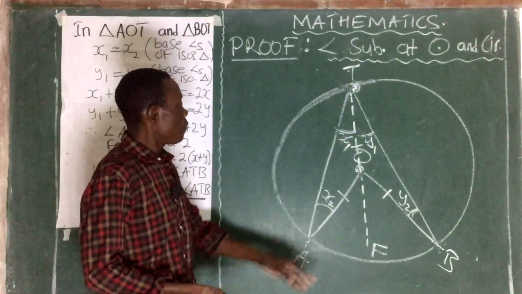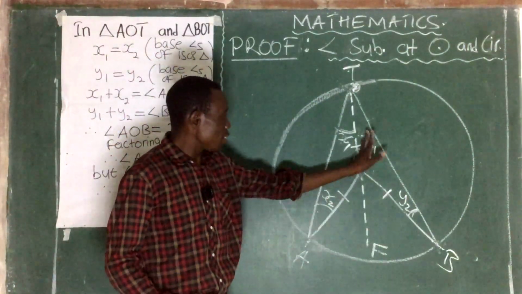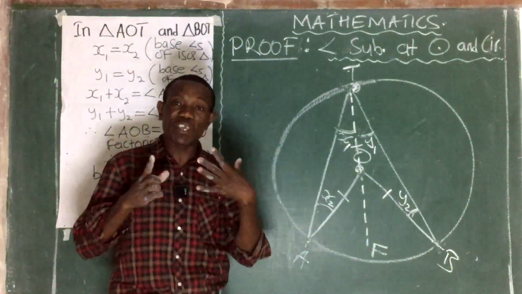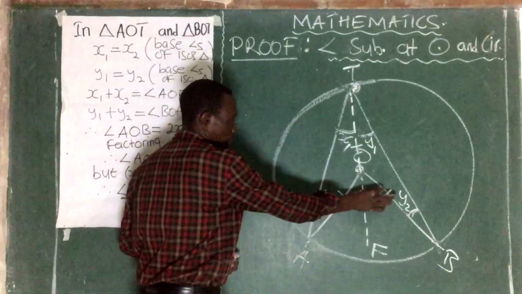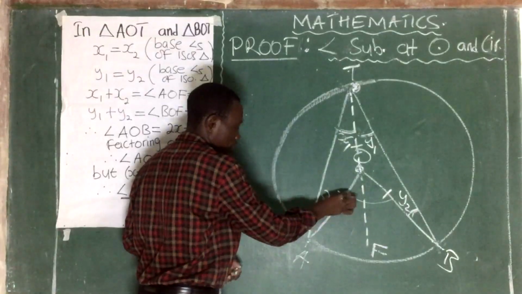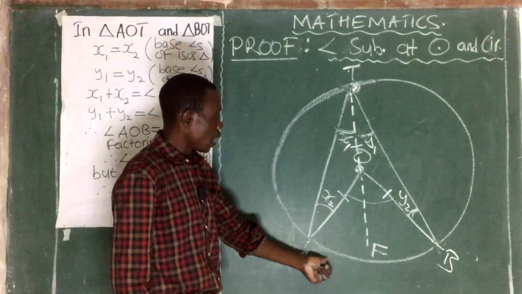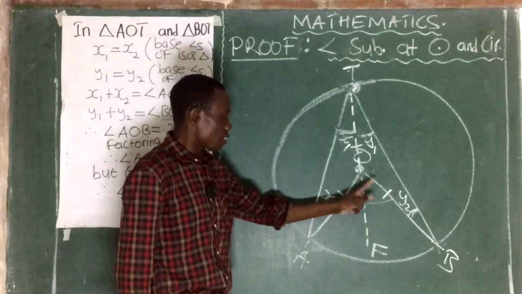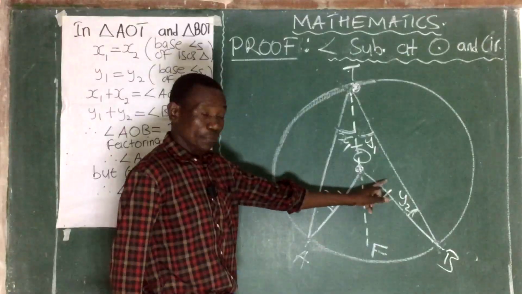This information is also taking us to something else. It's going to have an effect on the angle we are interested in, angle AOB, which is the angle at the center. Right. So let's see something about the angle at the center, and what happens here in relation to the notation of x and y.